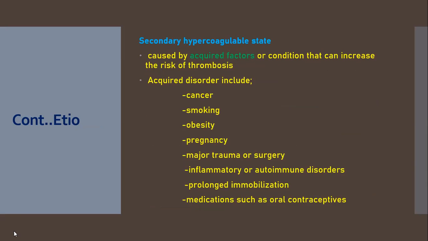The other etiology is secondary, and this is caused by acquired factors or conditions that can increase the risk of thrombosis.